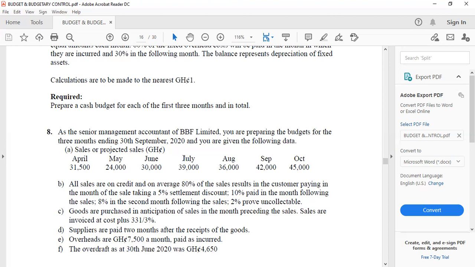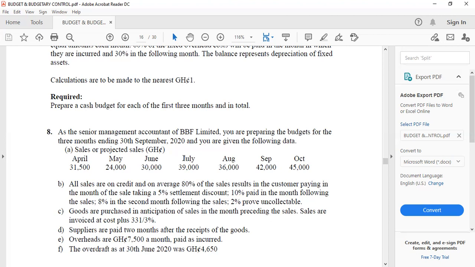Are you sure? How are you getting your 93? I thought you said in all, the total credit sales, how much will be collected, or only on the 80%? I'm talking about only the 80%. It is 75%. Okay. All sales are on credit, on average 80% of the sales result in the customer paying in the month of sale, taking a 5% settlement discount.